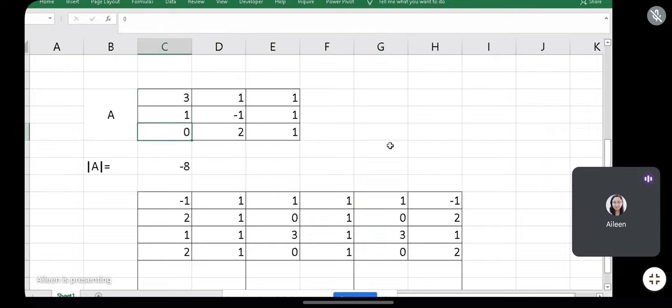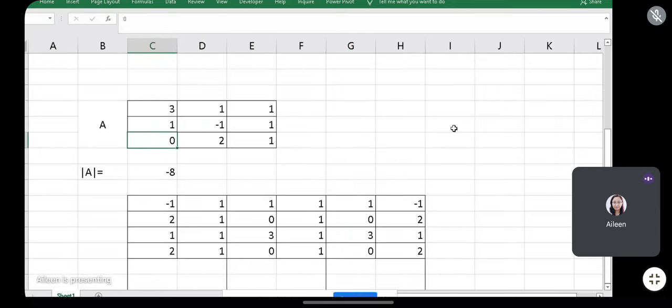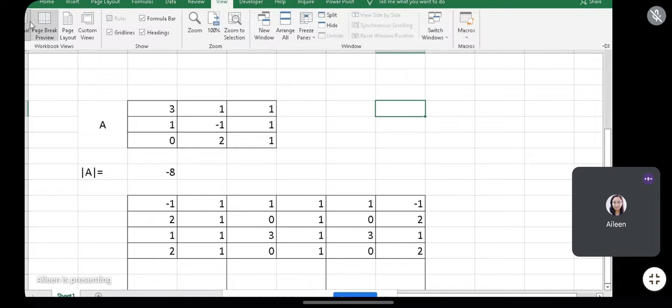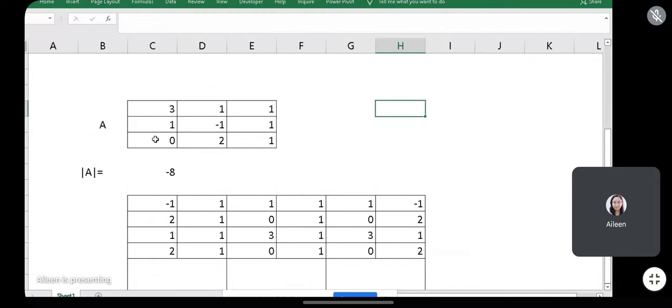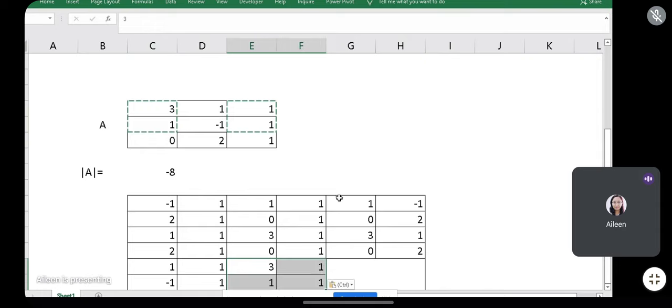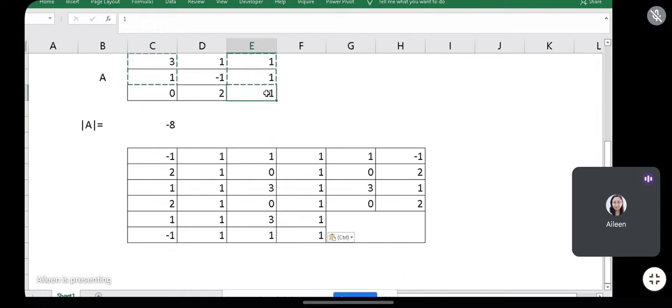Next, for this element, 0, what remains is 1, negative 1, 1, 1. Next, for this element, 2, what remains is 3, 1, 1, 1. This is its minor.